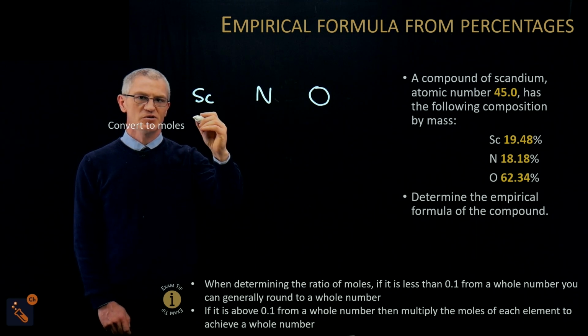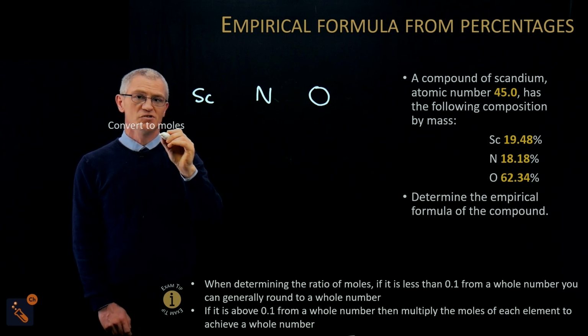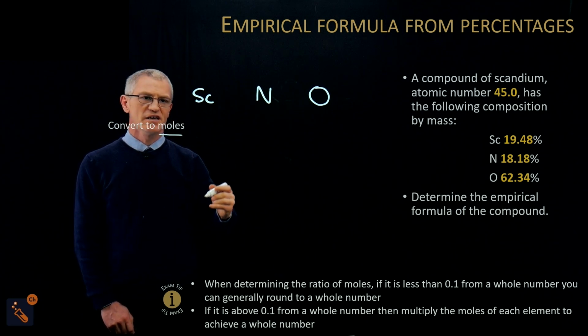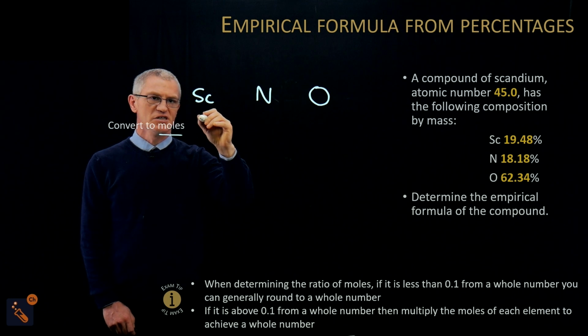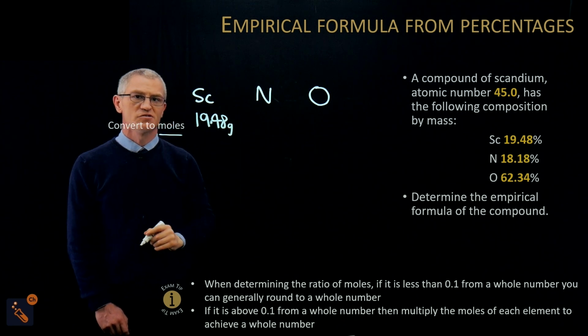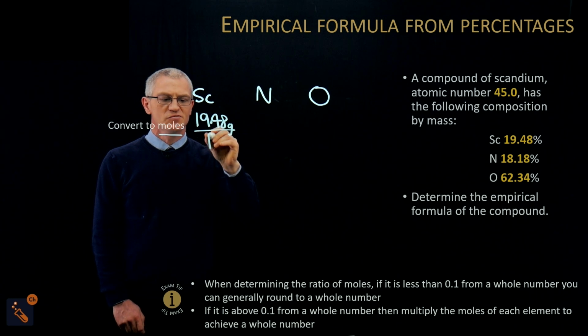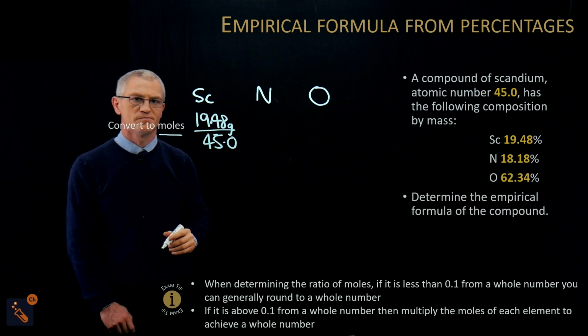So therefore, if I'm going to work out the number of moles, which is what I want to do here, okay, I need mass over Mr. So my mass is going to be 19.48, and I've converted it into grams, okay, and then I divide that by its atomic mass, which is 45, which was given in the question.